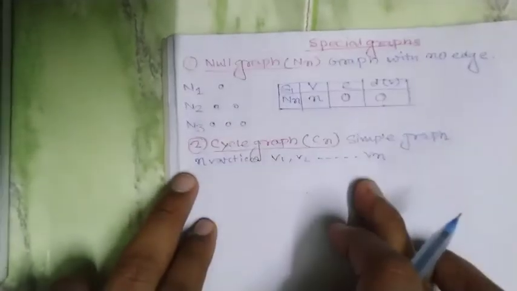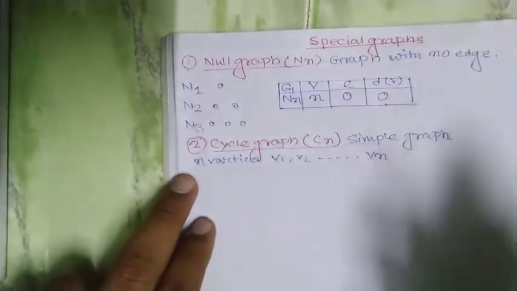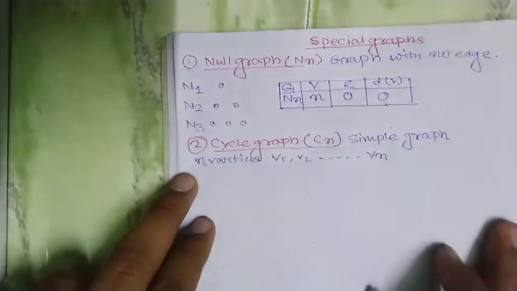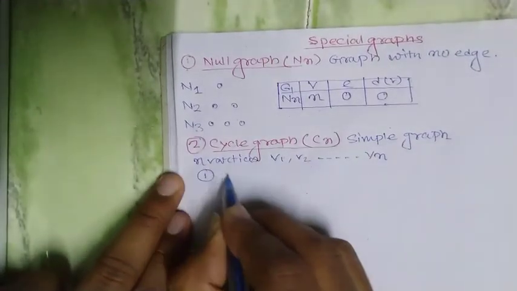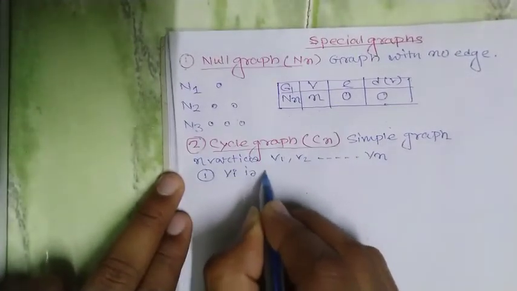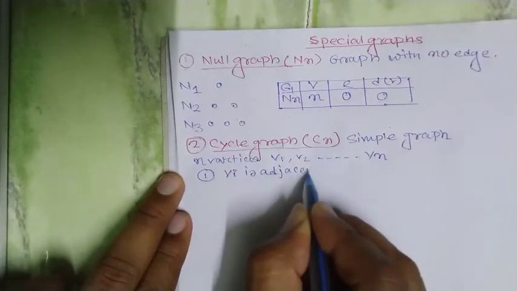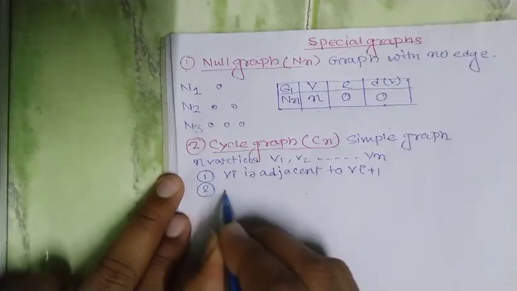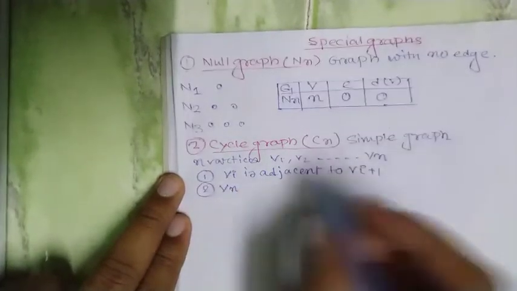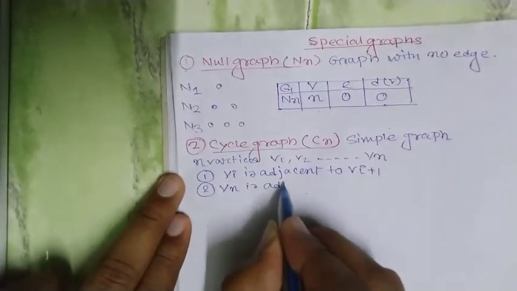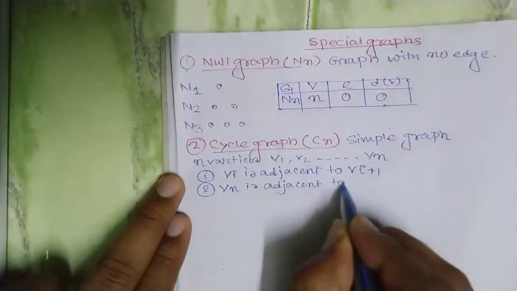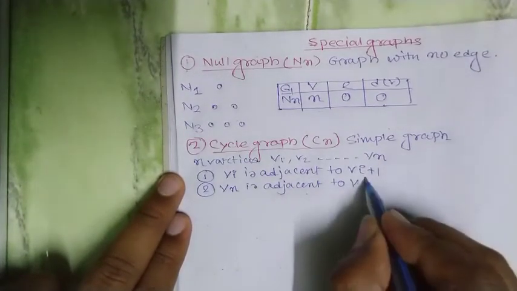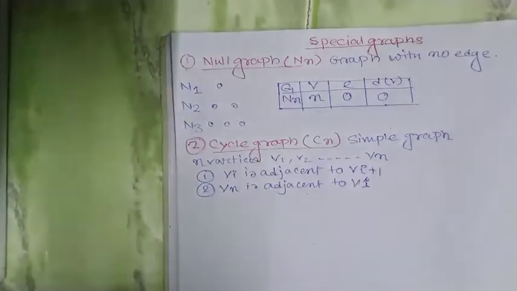Where vi is adjacent to vi plus 1, and vn, the last vertex, is adjacent to v1, like the complete cycle.